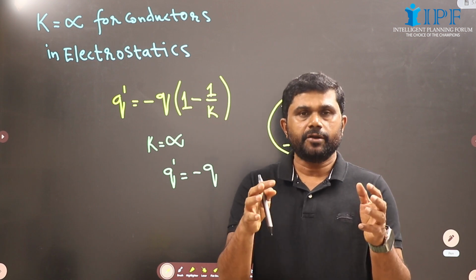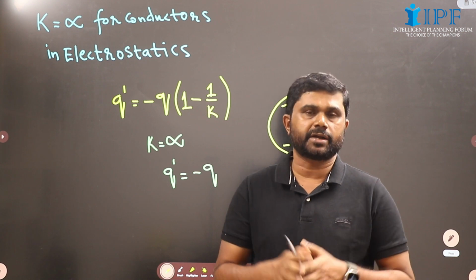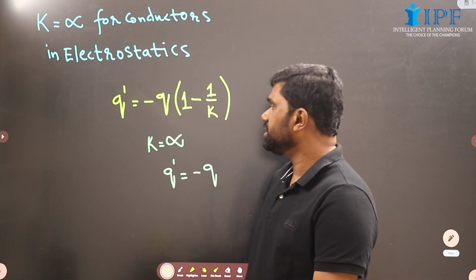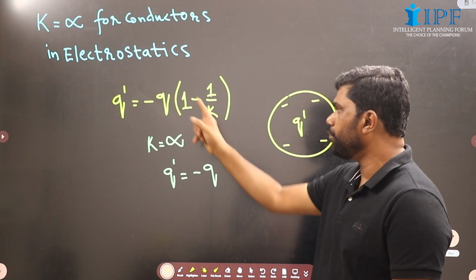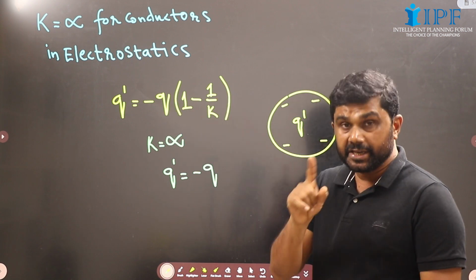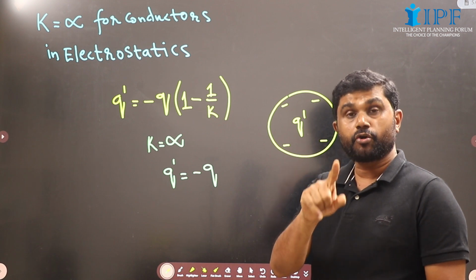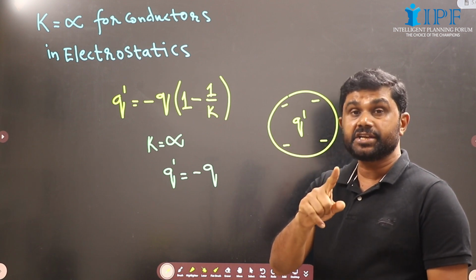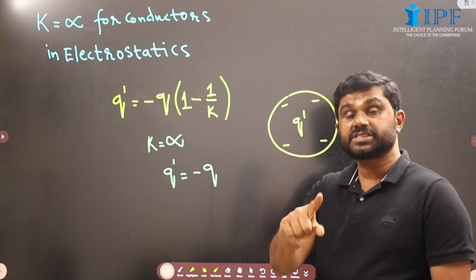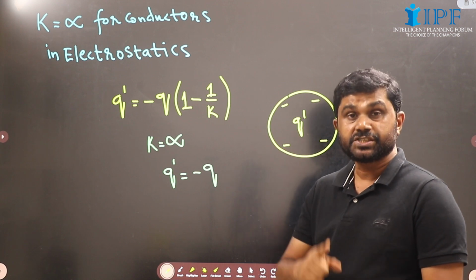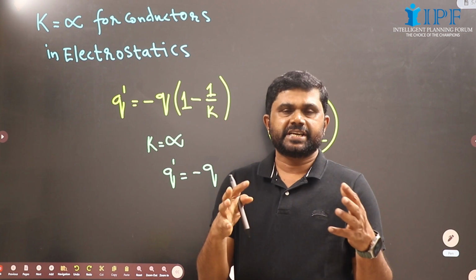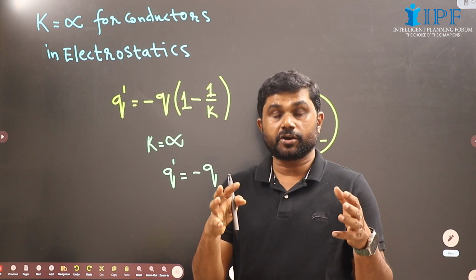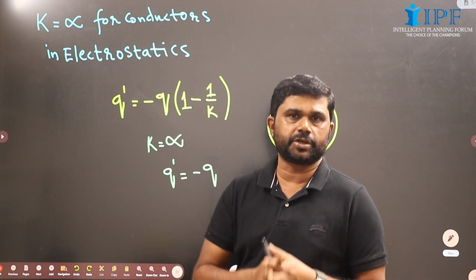Now when there is no current through a conductor, the charge induced in it, Q dash, will be equal to minus Q into (1 minus 1 by K). K is the dielectric constant. It can also be called relative permittivity or specific inductive capacity. This K is the dielectric constant of the charged body.